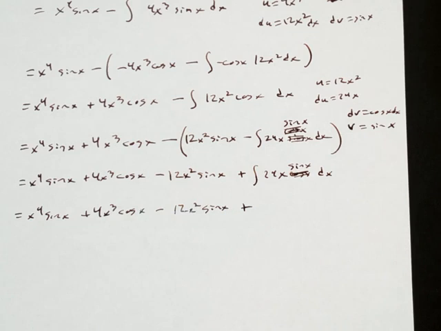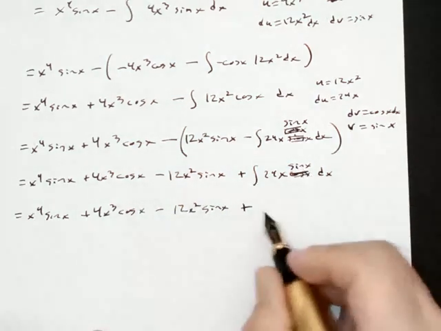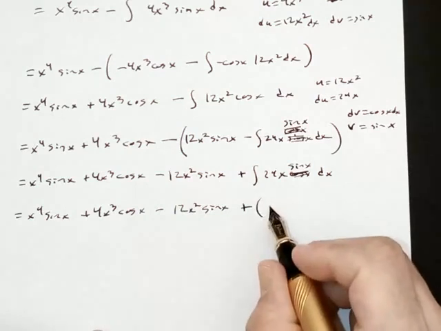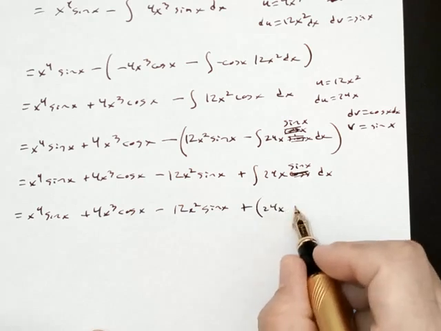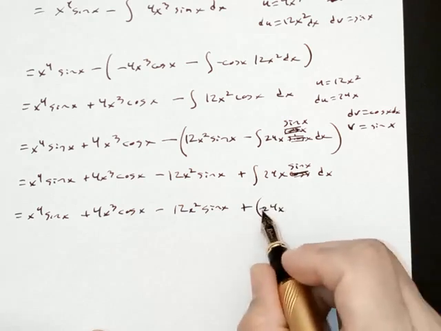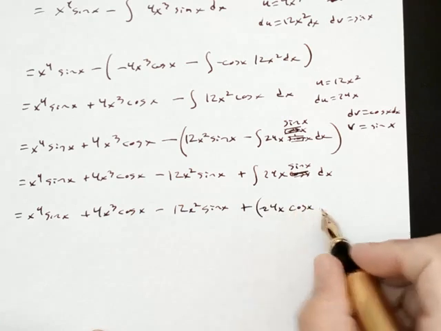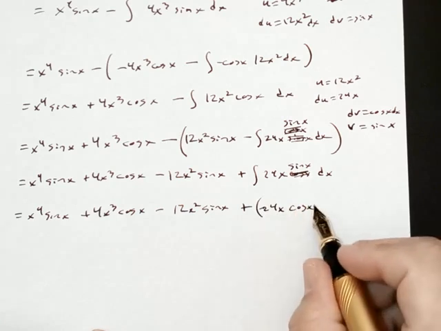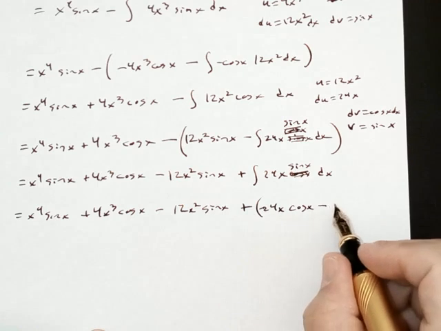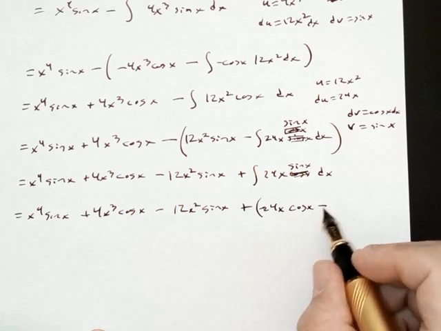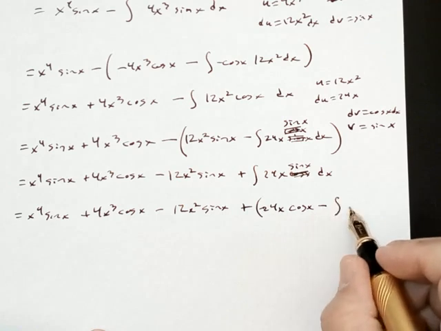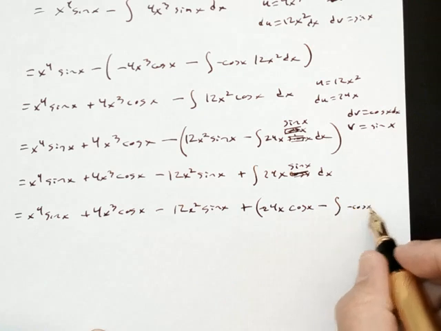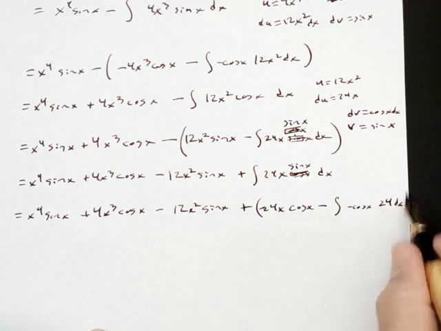One last integration by parts. u equals 24x. dv equals sine x dx. The antiderivative is minus cosine. So I get uv minus the integral of v, cosine x, du, 24 dx.